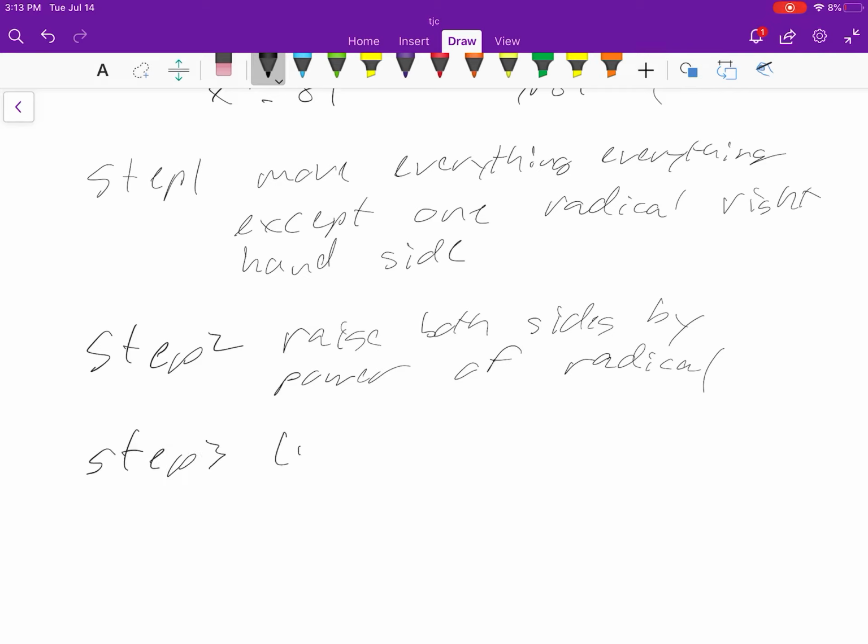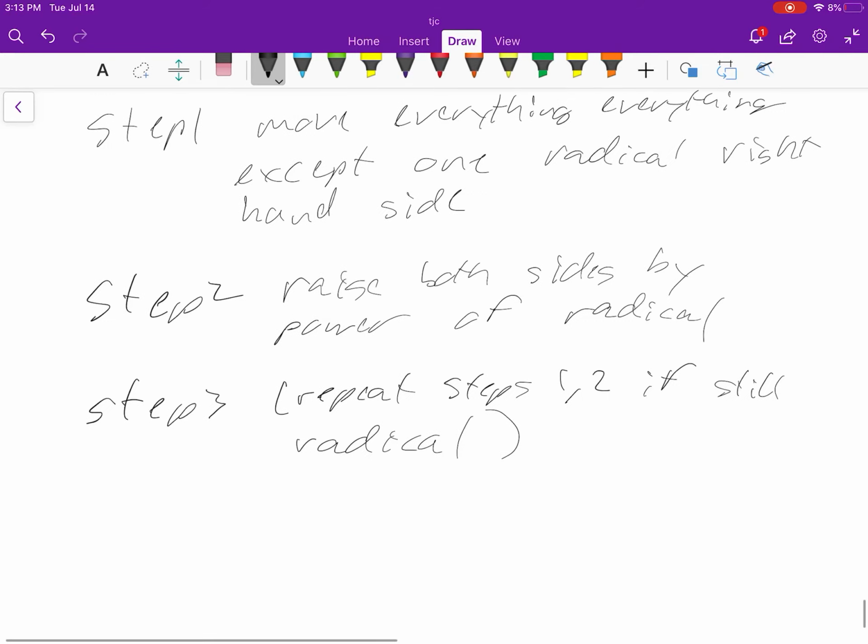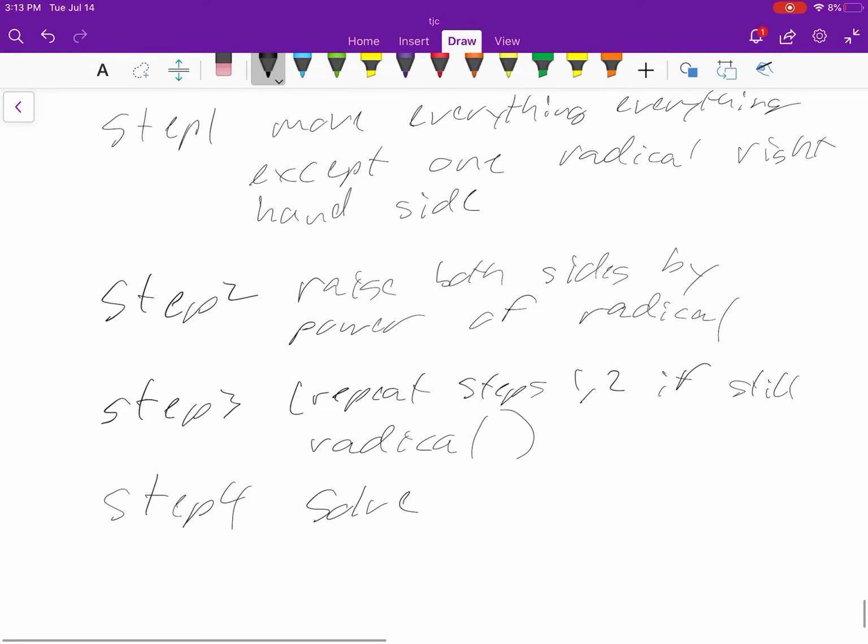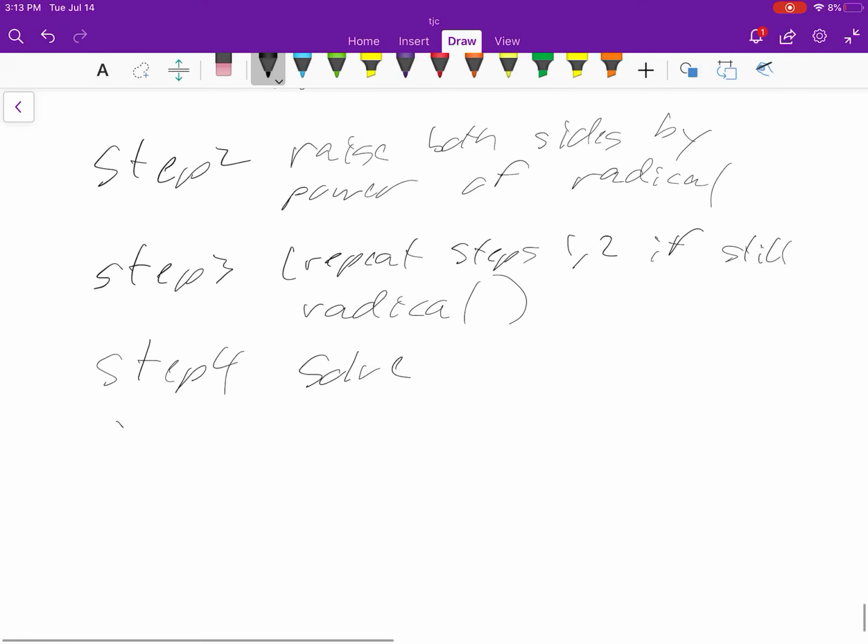Step three is repeat steps 1 and 2 if there's still a radical. Okay. Step 4 is if you've gotten rid of all the radicals, you're going to solve it. And then step 5, it's very necessary in these problems to check.